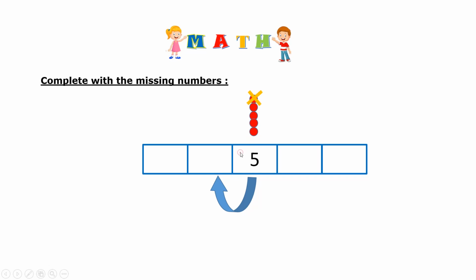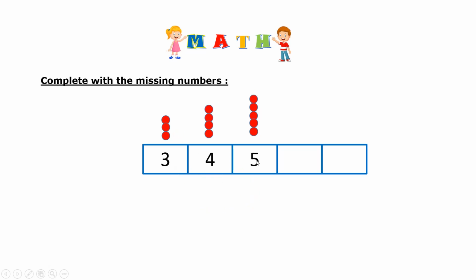If I remove 1 from 5, here are 4 marbles. Great. Now, if I want to know what is the number that's just before 4, I will remove 1 from the 4. So we have now 3 marbles. Great. So before 4 is 3.